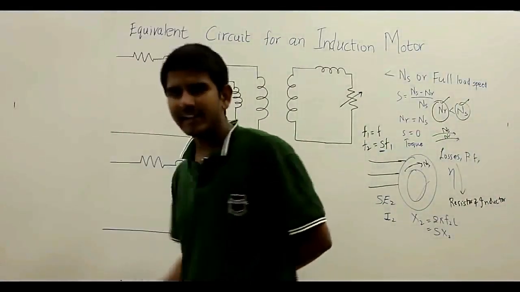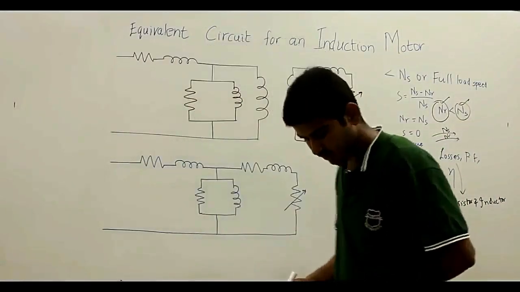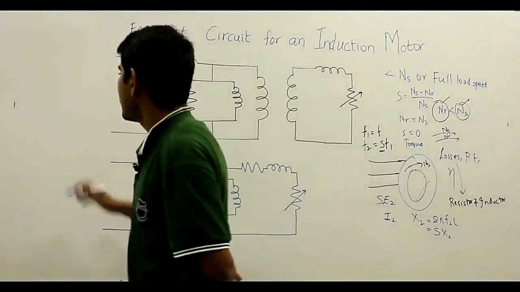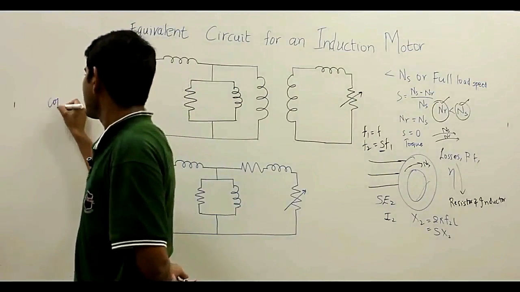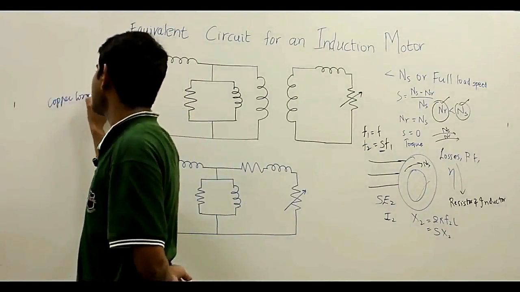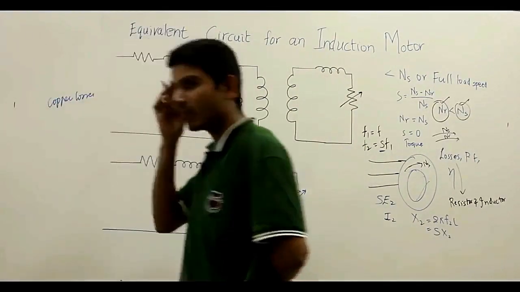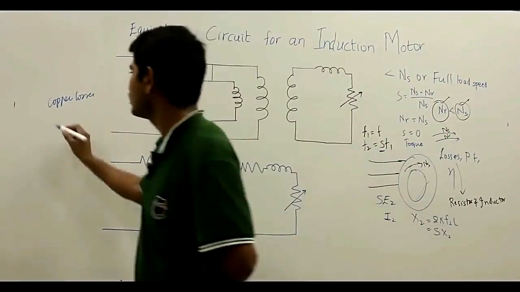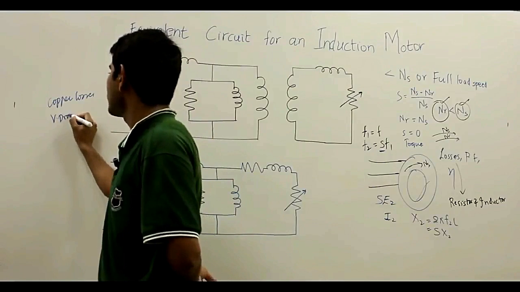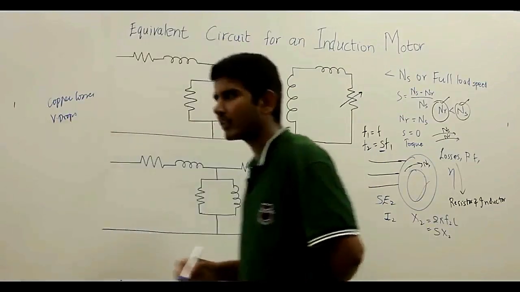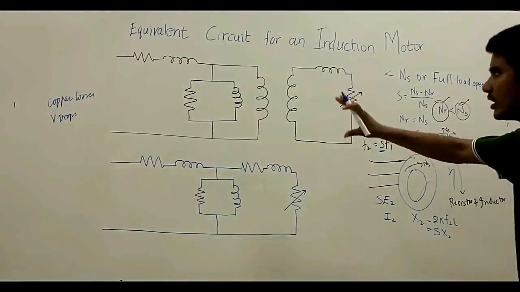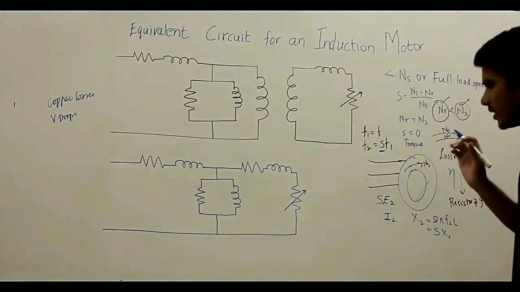The winding resistance is taken into account for considering the copper losses, and the winding inductance is taken into account for considering the voltage drops due to inductive reactance. For this purpose we take the equivalent circuit for any electrical machine.